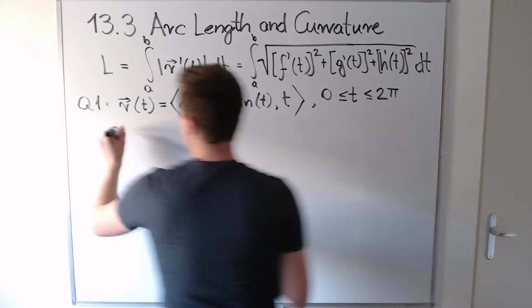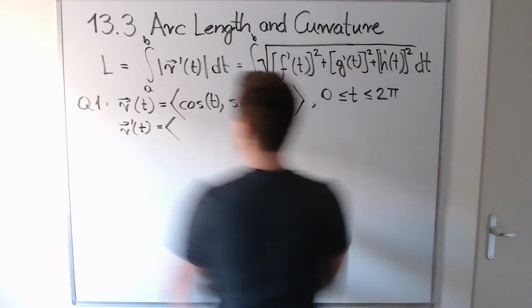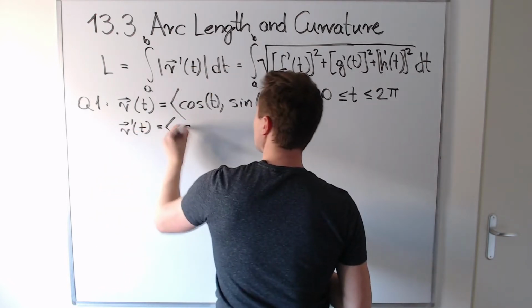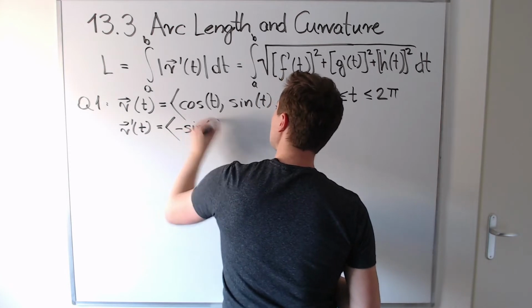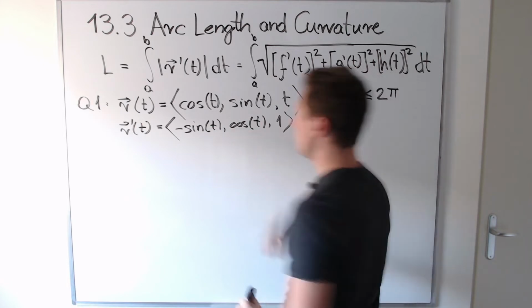Okay, so I hope you paused it and computed the derivative. Component by component, we differentiate each factor, so we get minus sine of t, cosine of t, and 1 for the components respectively.